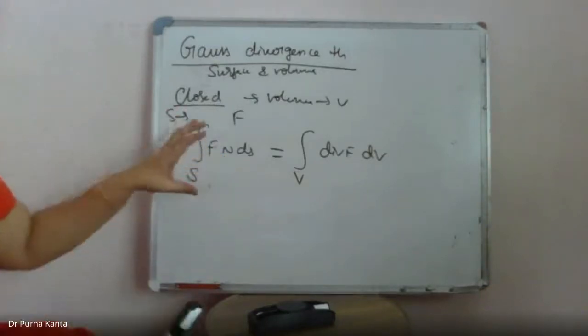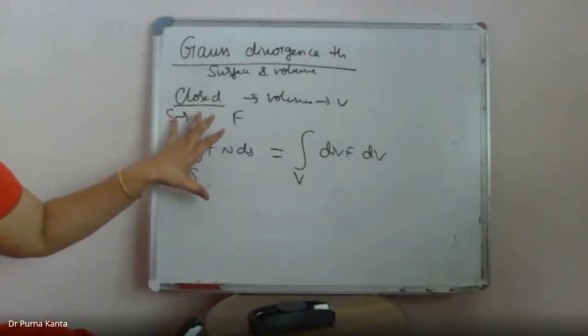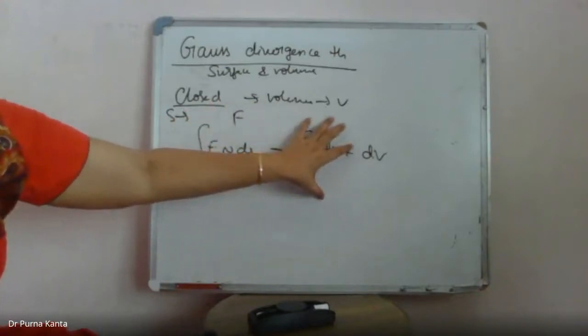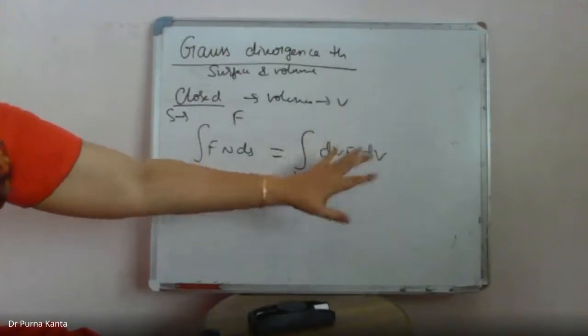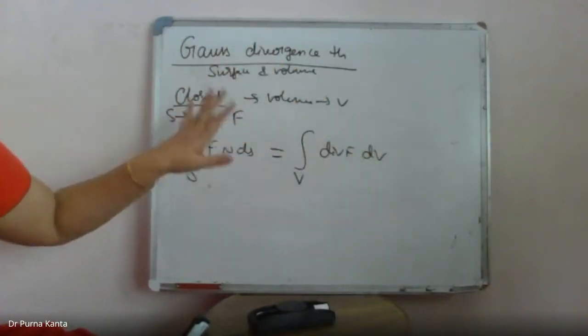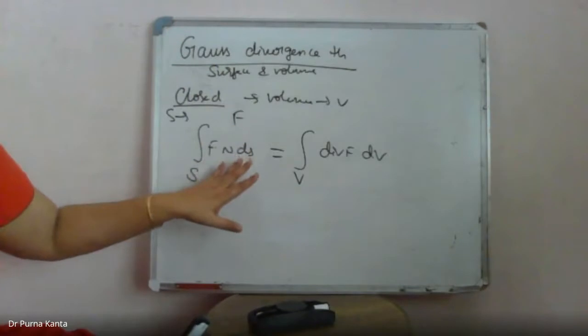The same type of cylinder also comes up here. We calculate the surface integral, and the volume integral by taking the divergence of F, where dV can be taken as dx, dy and dz. This is what we are going to learn in this Gauss divergence. Is it clear? Did you understand what we are going to learn now?